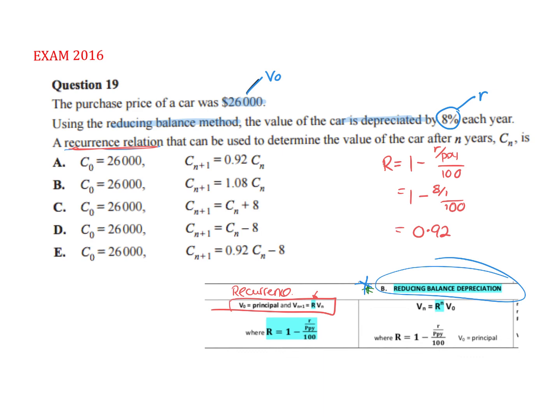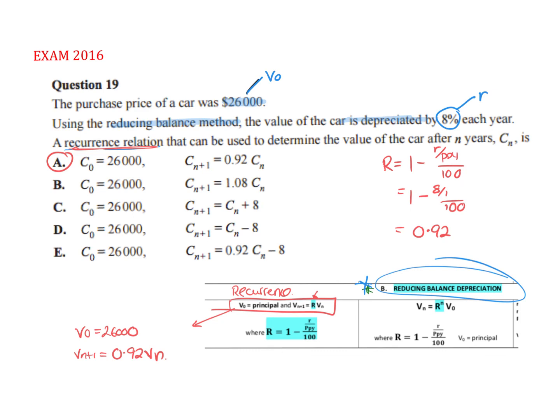So you know that the formula, if I follow this pattern, should have the V0, which is 26,000, and then you should have Vn plus 1 would equal 0.92 Vn. So if you look, which answer is that one? A.